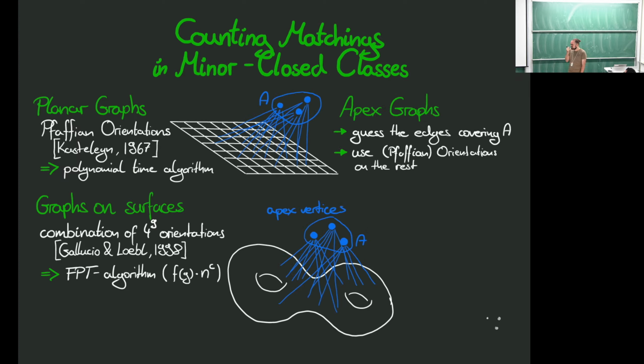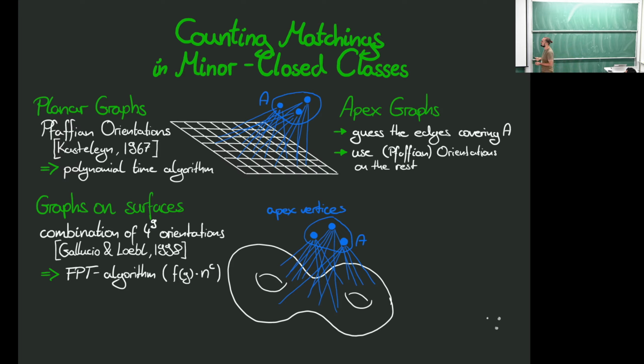We can extend this idea by adding some apex vertices to my graph. An apex vertex is just a vertex that sees a lot. You can imagine it in these pictures as a small set of vertices that has a large neighborhood distributed inside my graph. If I delete this set A, I get a graph that's planar or has some bounded genus.